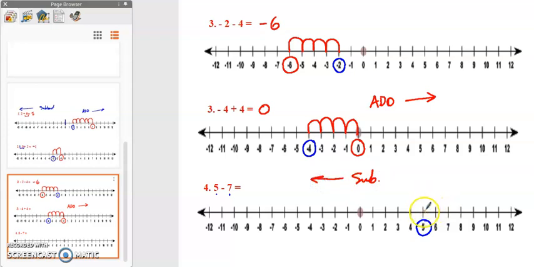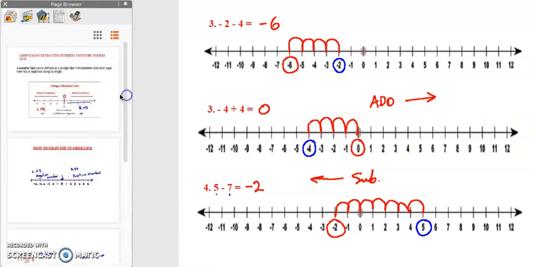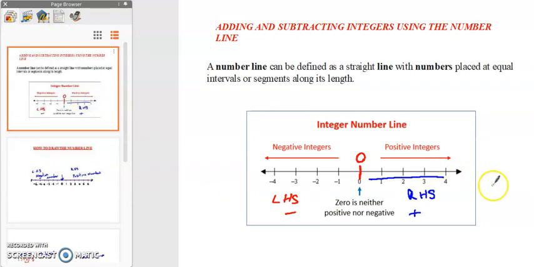If you put your pencil or pen at 5, you count 7 places to the left: 1, 2, 3, 4, 5, 6, 7, which brings us to negative 2. So 5 minus 7 is equal to negative 2. As I said, the answers might seem a bit off sometimes, but once you carry out the operation correctly, you should be okay.